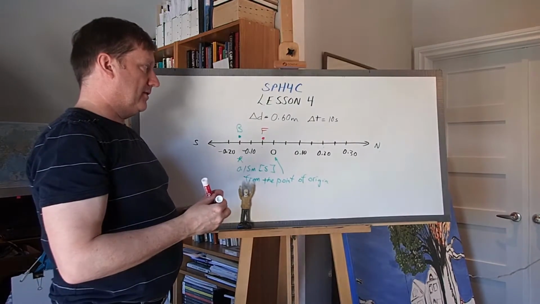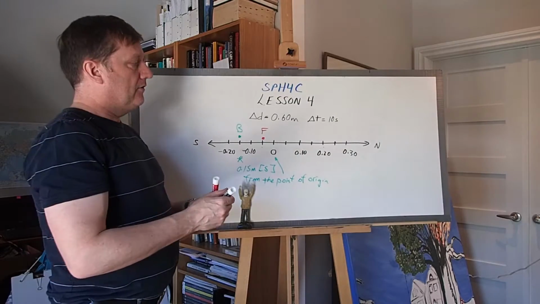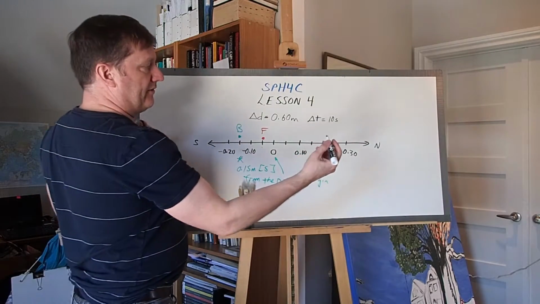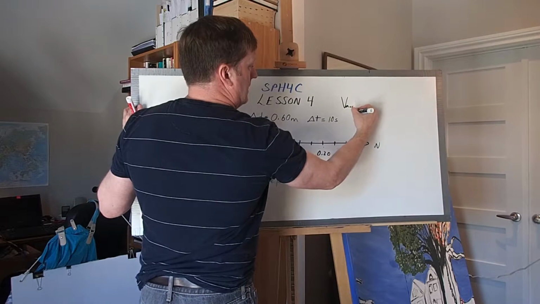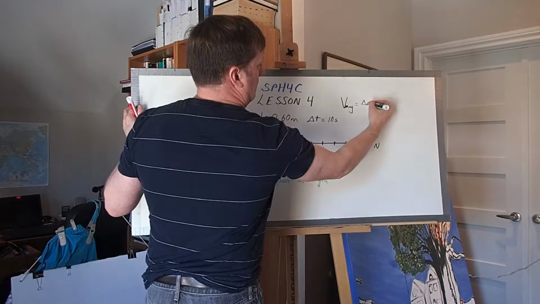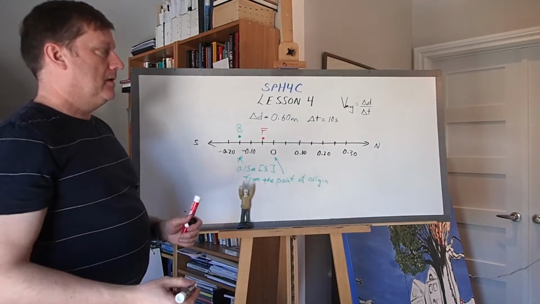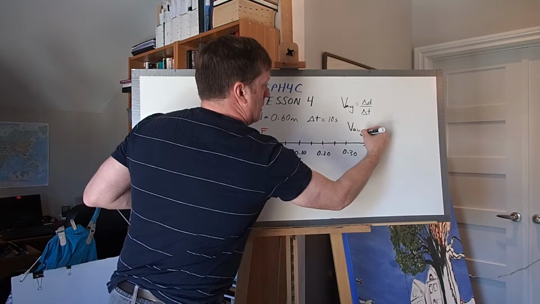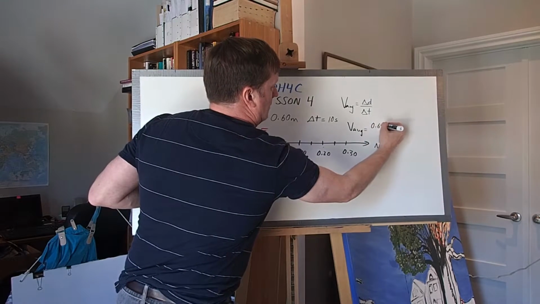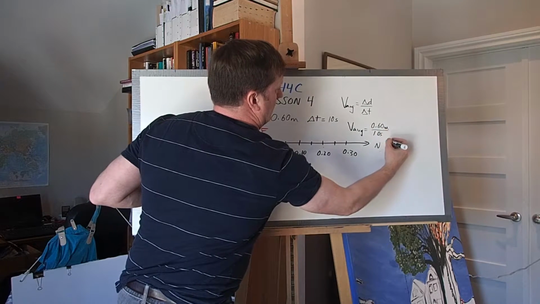So if we take a look at this, we have two measurements now. We have time and we have space. So I'm going to introduce you to the concept of speed. The average speed is just the distance traveled over the time. So his average speed was just 0.60 meters over 10 seconds.